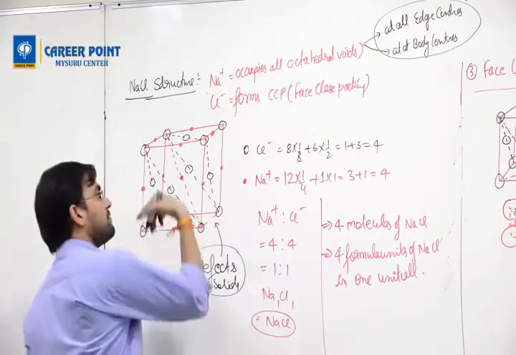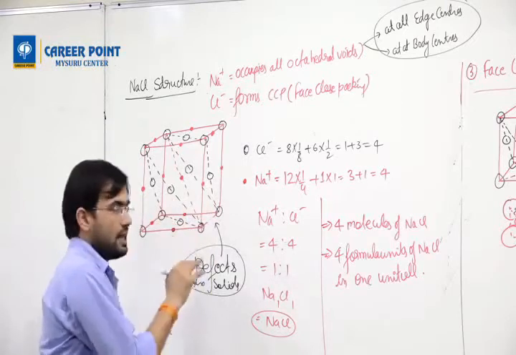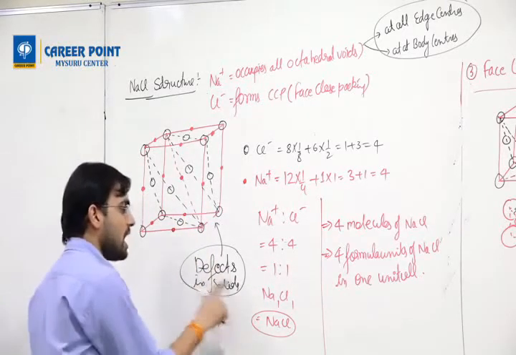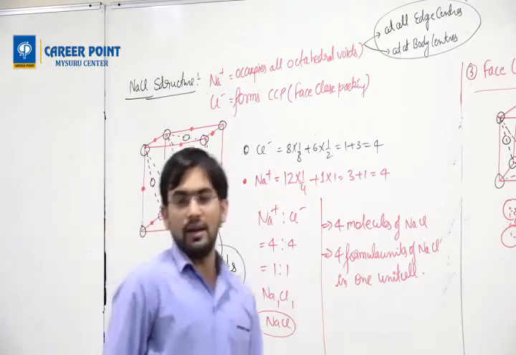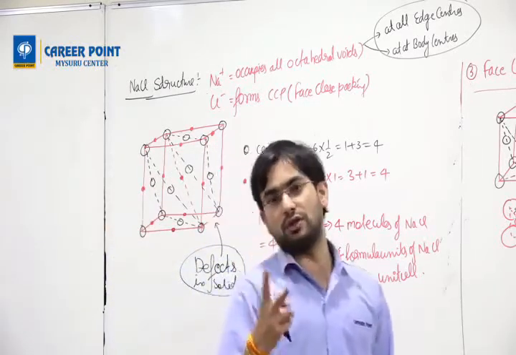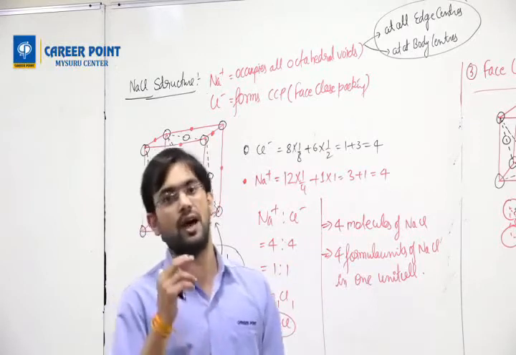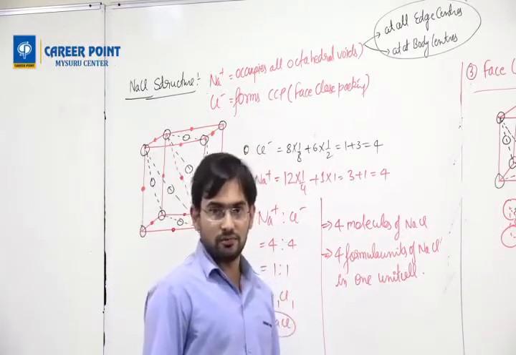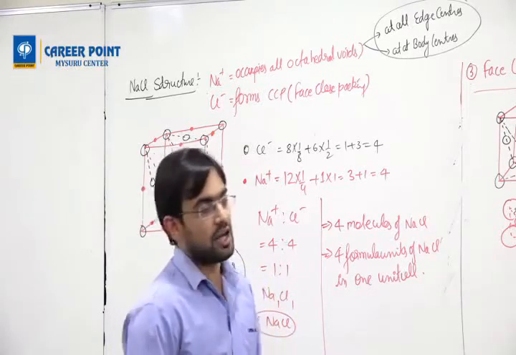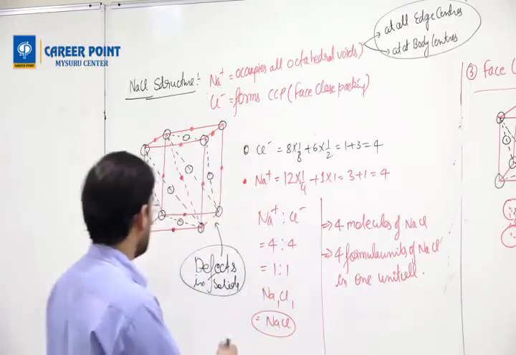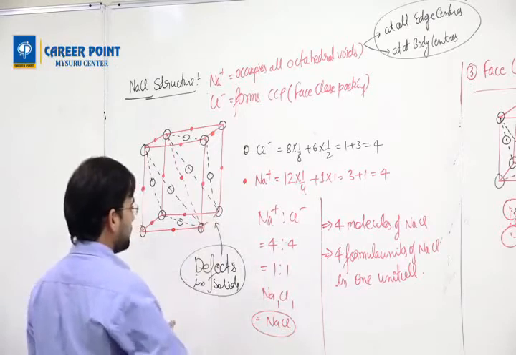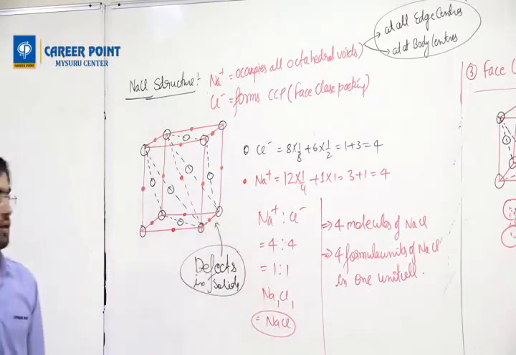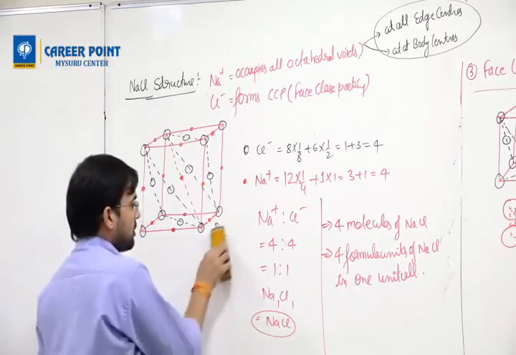So if you compare with the perfect crystal and there is a different position or different arrangement, then there are defects in solid. Defects in solid are of two types: stoichiometric defect and non-stoichiometric defect. Later on we'll go there. If it is all there, then there are no defects in solid.